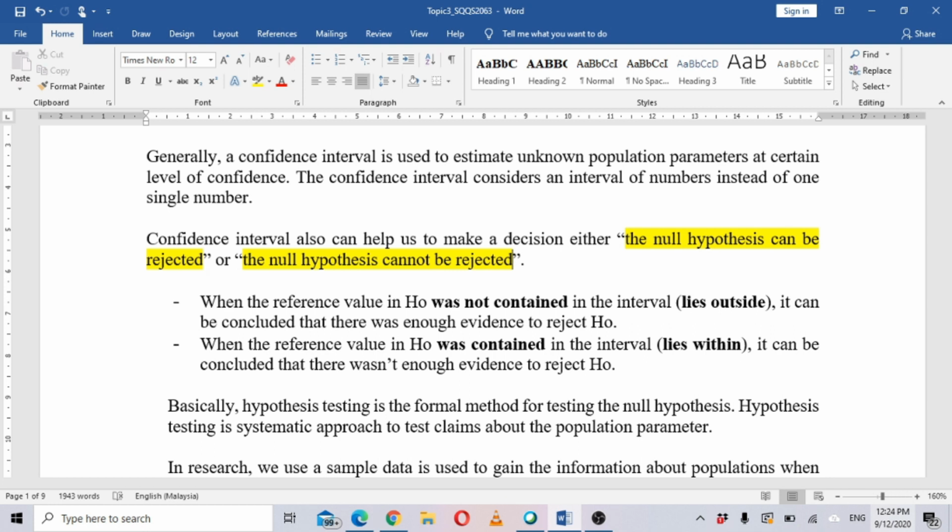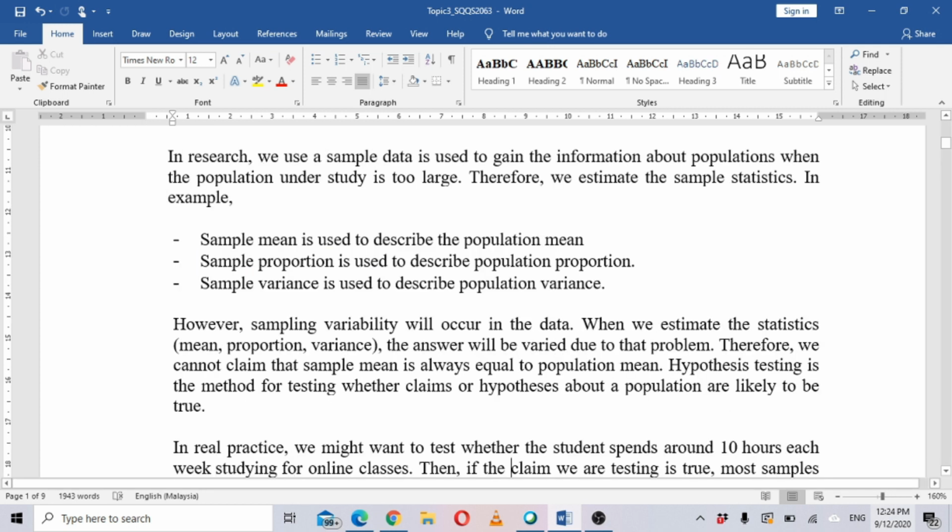However, hypothesis testing is a more formal method for that purpose. Hypothesis testing is a systematic approach to test claims about the population parameter. Most of the time, we use sample data to gain information about the population when the population under study is too large.